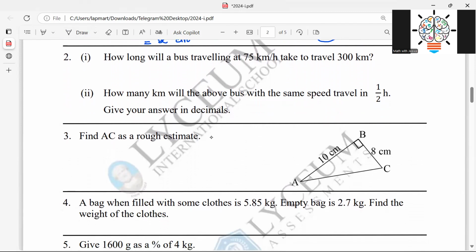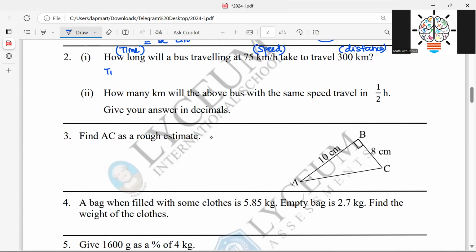How long will a bus traveling at 70 kilometers per hour take to travel 300 kilometers? So first of all, we want to understand. This is the speed value, right? And this is the distance. So then what we need to find, we want to find how long. That means they're asking us to find the time.